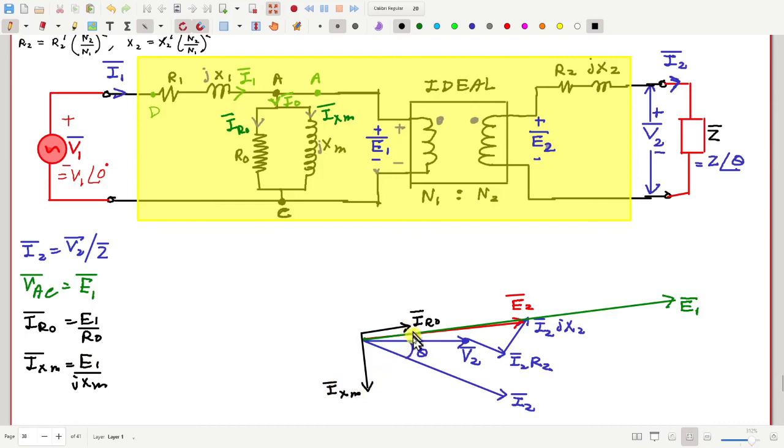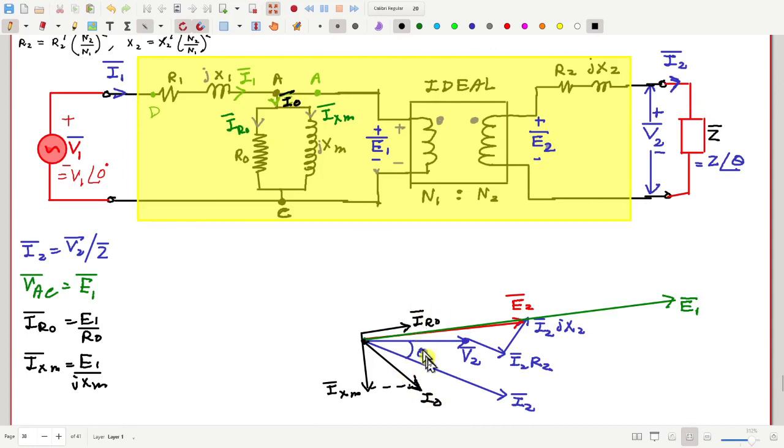Now if I add these two, I have drawn it with a small gap to make it clear. Actually the origins should coincide. Now I add these two, and suppose this is the current I0.